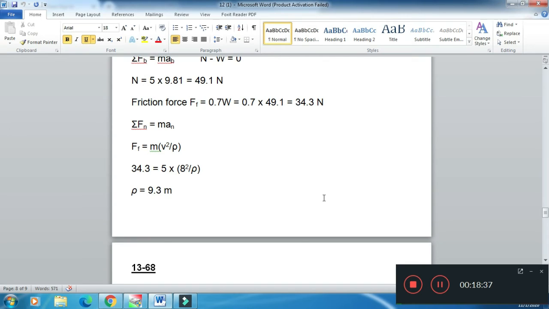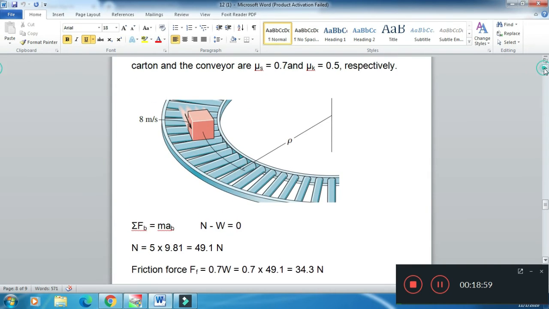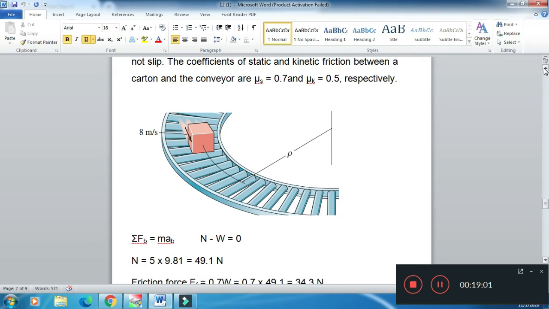Then we apply the equation of motion in the normal direction. In the normal direction there is the friction force and the mass multiplied by the normal acceleration. The friction force can occur in the normal direction as well as the tangential direction.